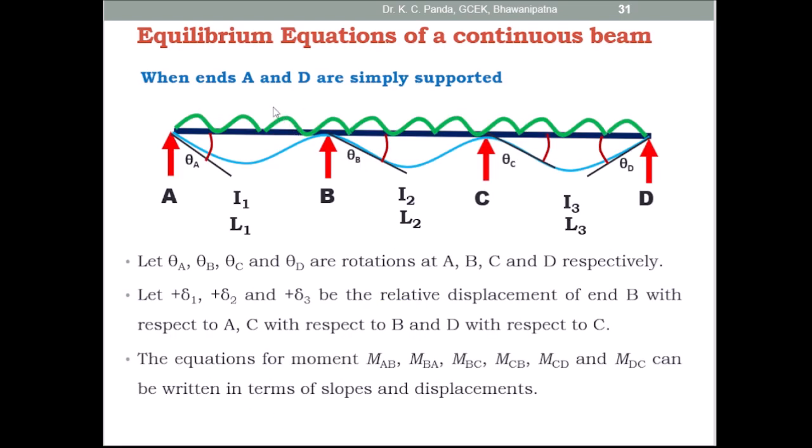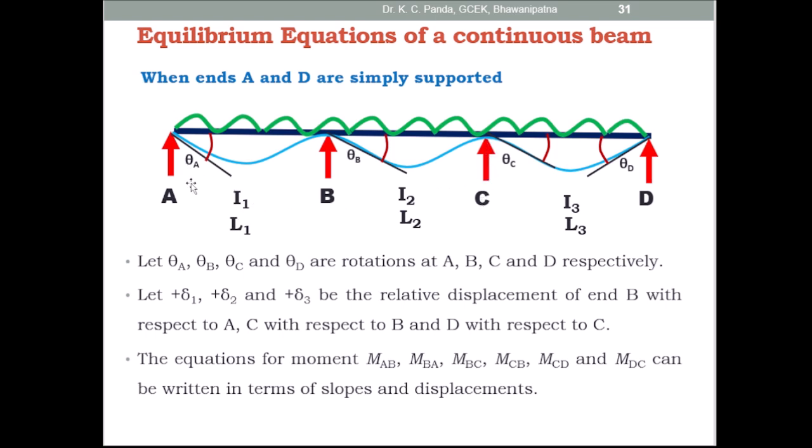Then coming to the different equilibrium equations of a continuous beam for different end conditions. Look at this figure. So here both ends are simply supported. This is a 3-span continuous beam with support A and support D simply supported, and supports B and C are the intermediate supports.